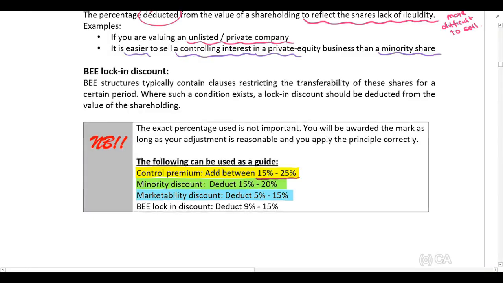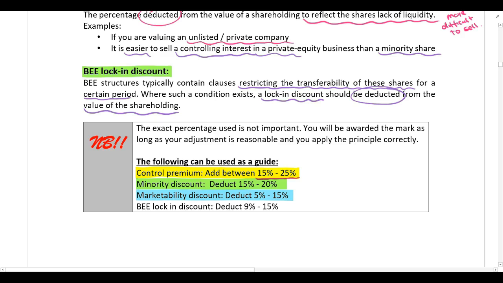Then the last type of owner level or shareholder premium or discount that we need to consider is a BEE lock-in discount. Now guys, BEE structures normally have clauses that restrict the transferability of shares for a certain period. And if you see something like that in a question, a lock-in discount must be deducted from the value of the shareholding.